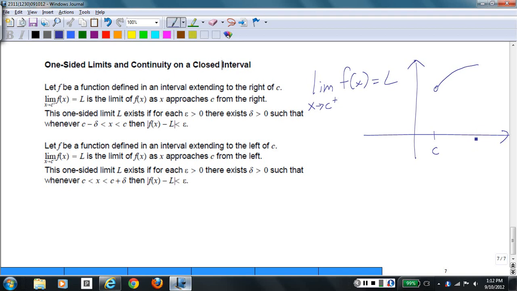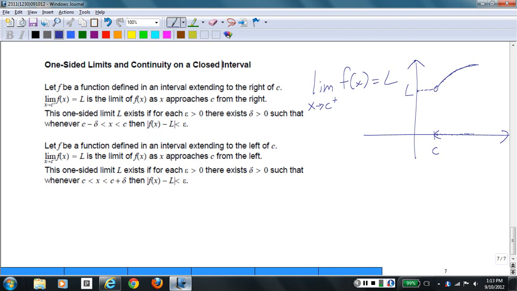And as x approaches c through values that are greater than c, so we mean from the right, and the y values, as that's happening, are approaching L, then we say the limit of f of x as x approaches c from the right equals L.